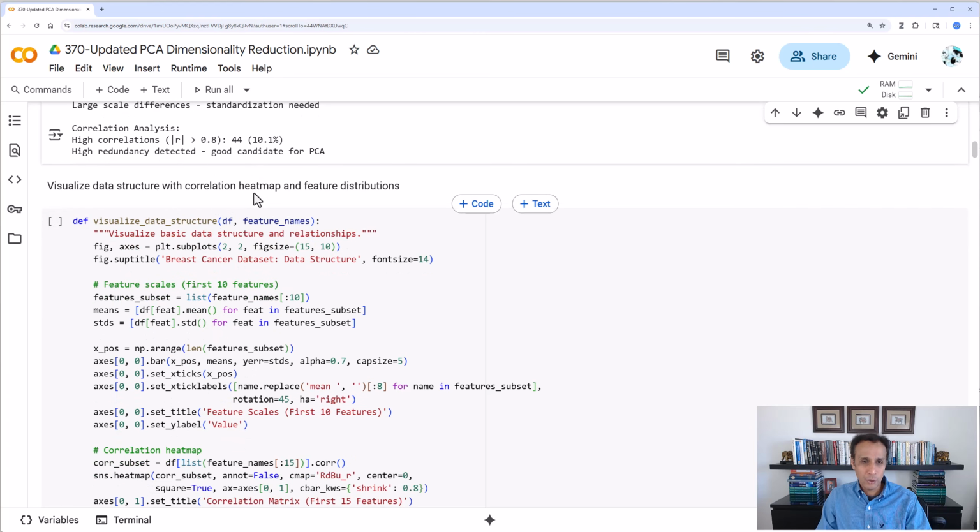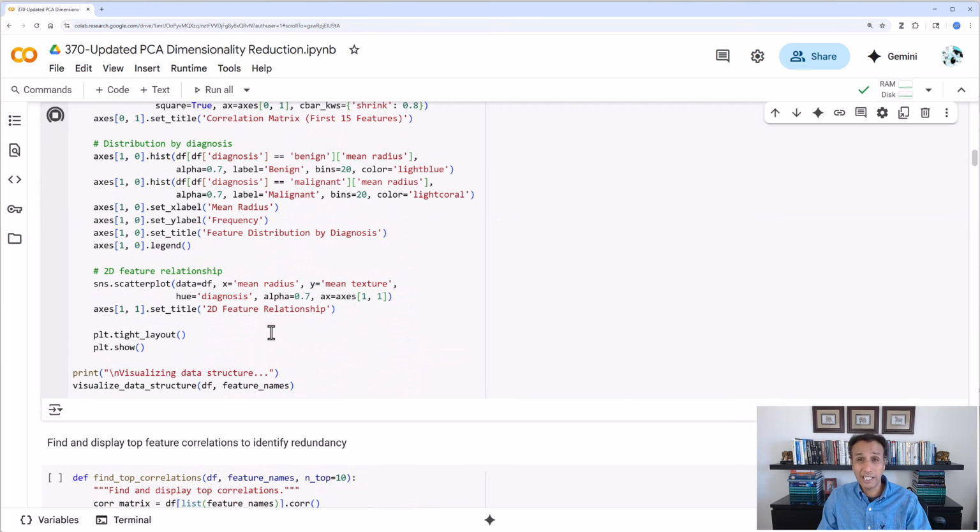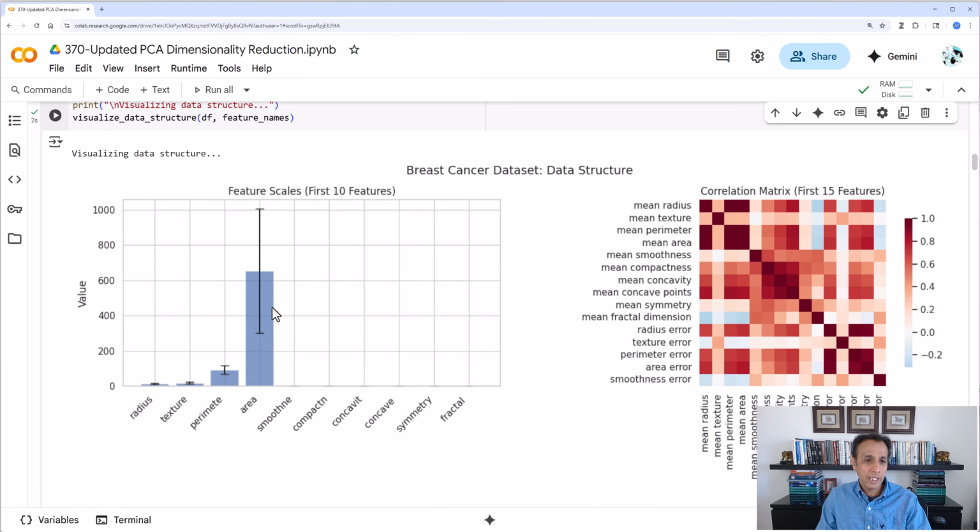Now let's go ahead and visualize it. All I'm trying to do is visualize the correlation heat map and our feature distributions. So this is just a bar plot and a scatter plot. Right there in the bar plot, you can see the area values are around 600-ish, with a very high deviation. You can also see perimeter right here, and texture values. These are very small.